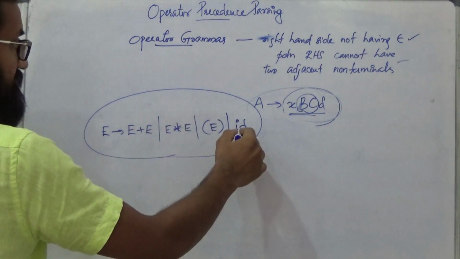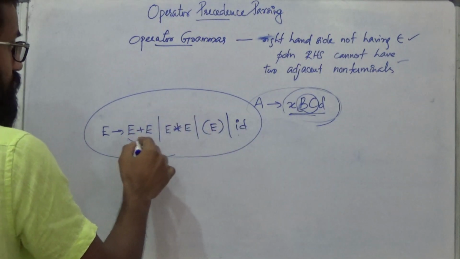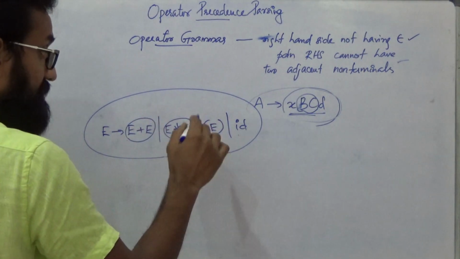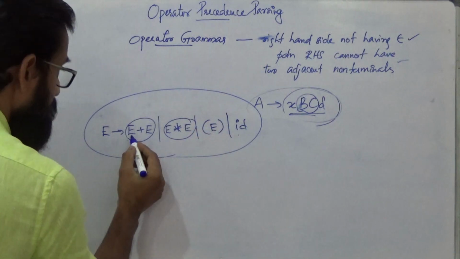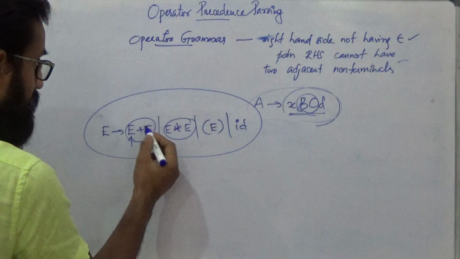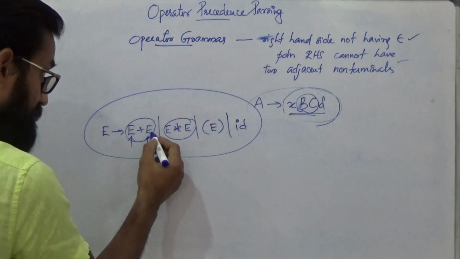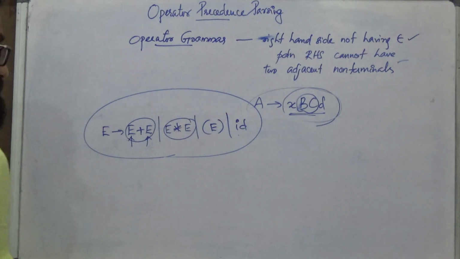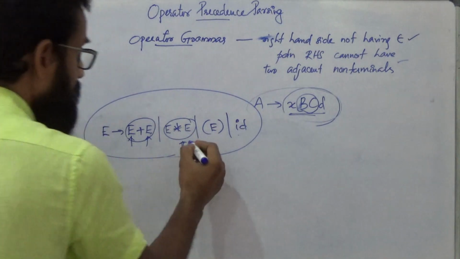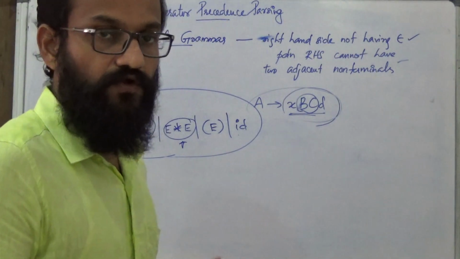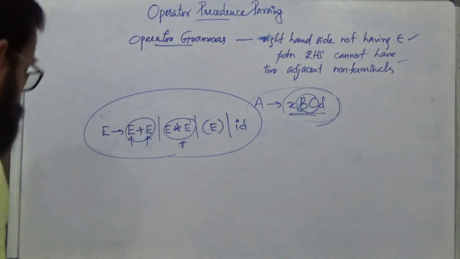No right hand side is epsilon and no right hand side has adjacent non-terminals. In a right hand side with two non-terminals, they are separated by a terminal symbol. You cannot identify a right hand side with adjacent non-terminals or adjacent variables.